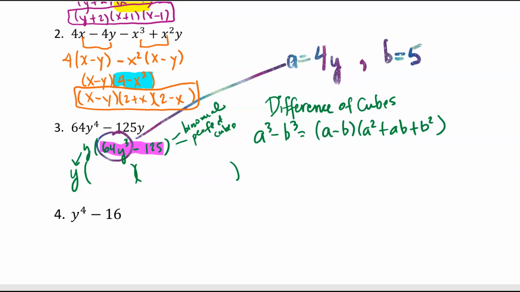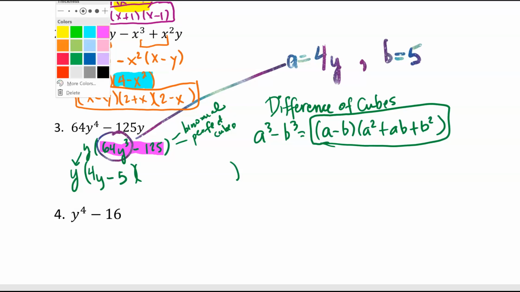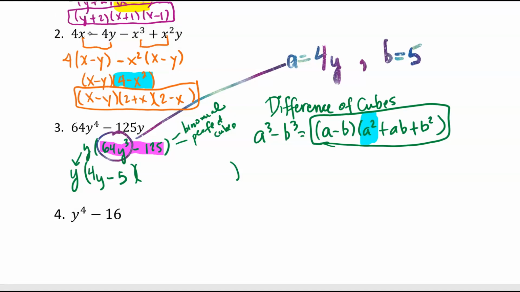So that'll be y. And then I'm going to follow this formula here. A minus b would be 4y minus 5. And then again, where people kind of make mistakes is in this part right here, because we have to square this a. And if we square this a, what do we get?